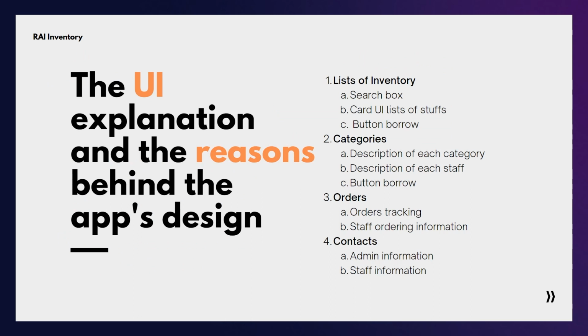Before this, I explained how each UI functions and the reason why we use that UI. In this section, I will explain in detail how each UI affects another page. There are 4 main menus, which are list of inventory, categories, orders, and contacts.